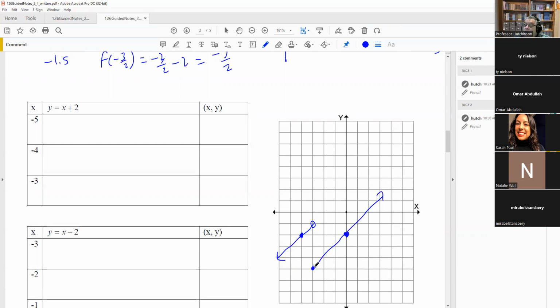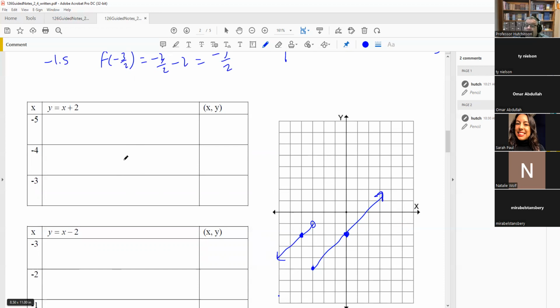The graph starts at the x value -3, but you're only going to see it going this way. You're not going to see the line going the other direction, because this is only defined for values that are greater than or equal to -3. So that's why the graph only appears on the right-hand side of -3. So it goes this way.